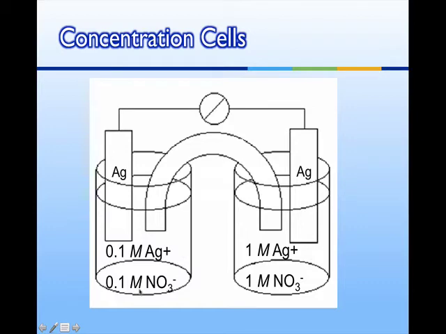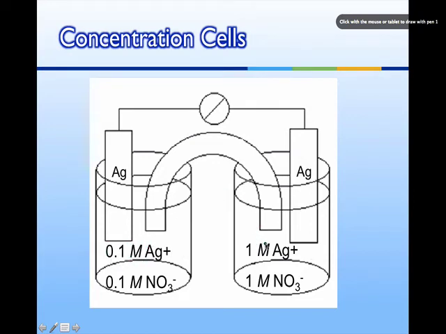What we're going to see in this one, because this is 0.1 molar silver ions and this is 1 molar silver ions, is that the cell is going to flow in a way to equalize the concentration of the silver ions. They want to flow in a way that this number will go down and this one will go up.